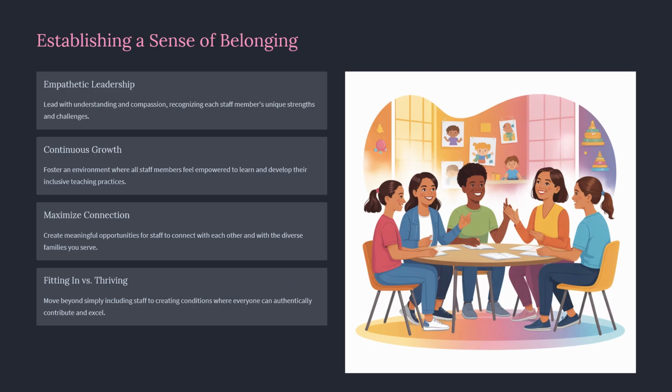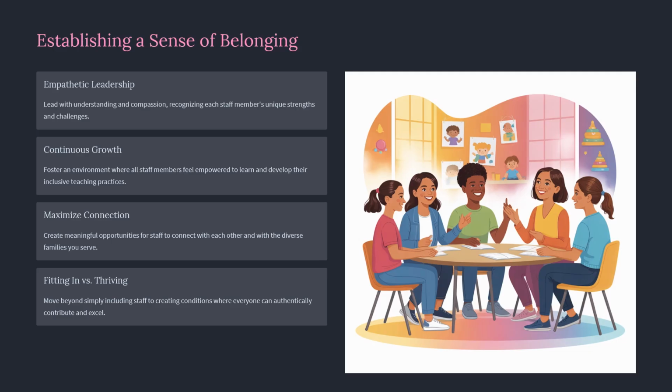As we think about what truly makes an inclusive program flourish, we come to one of its most critical foundations, creating a deep sense of belonging among staff. When staff feel genuinely valued and connected, it doesn't just benefit them, it directly shapes the climate of your entire program and impacts how children and families experience your space.